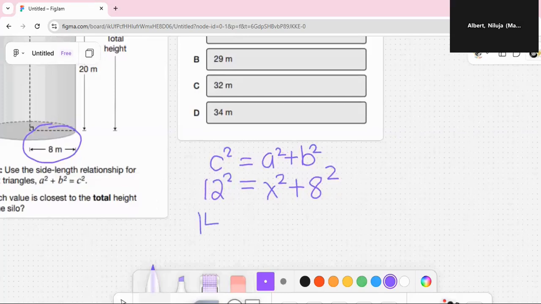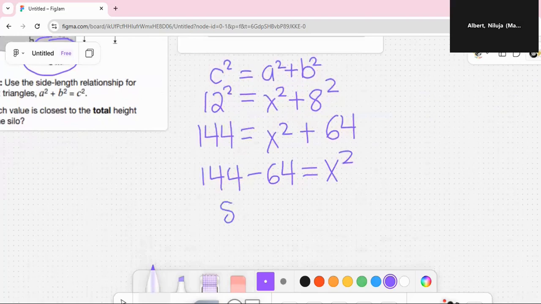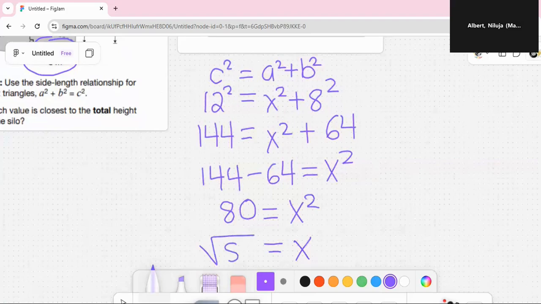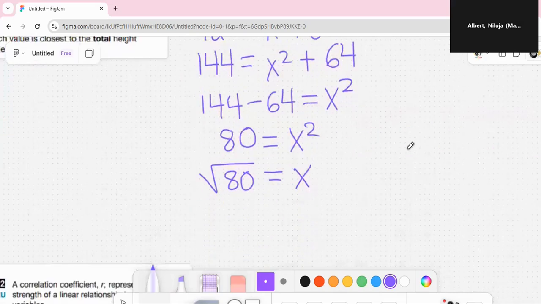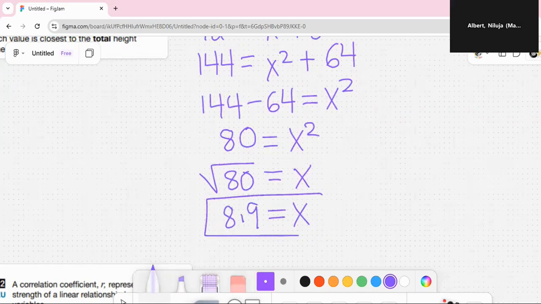So 144 is going to be equal to x squared plus 8 squared, which is 64. 144 minus 64 is going to be equal to x squared. That means that 80 is equal to x squared. But I'm not interested in x squared, I'm interested in x. So I have to take the square root of 80, and the square root of 80 is approximately equal to 8.9. It is equal to x.